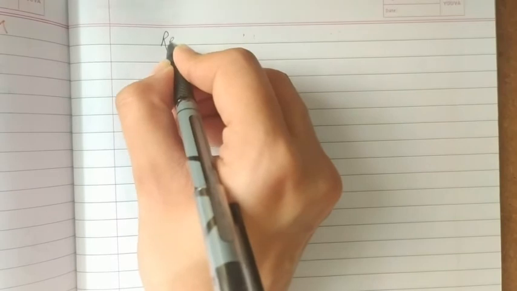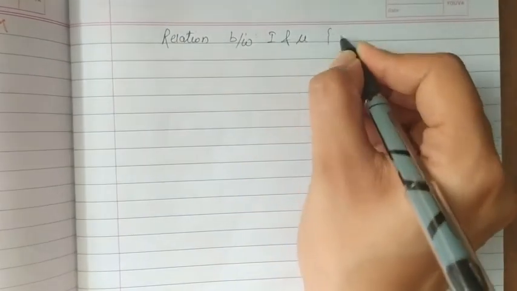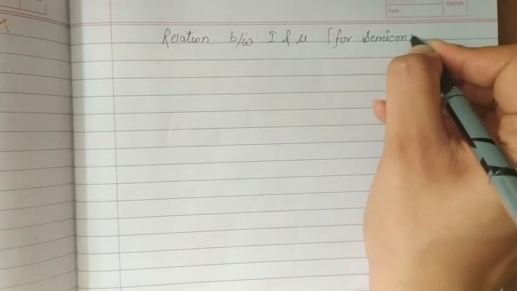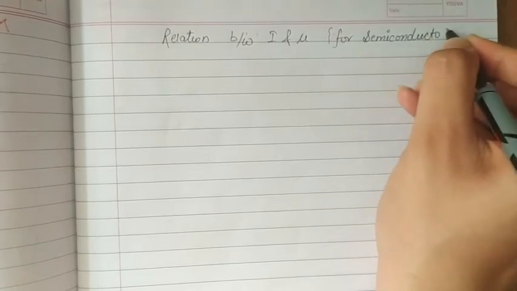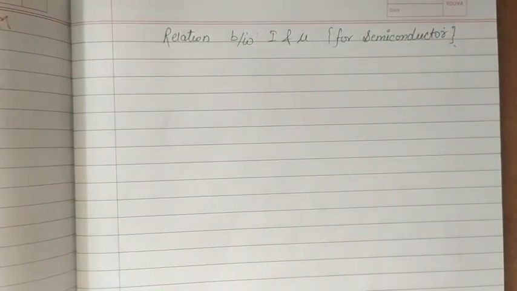Now if we want to find the relation between electric current and mobility for a semiconductor: in the case of a semiconductor, charge carriers will be of two types, free electrons and holes.